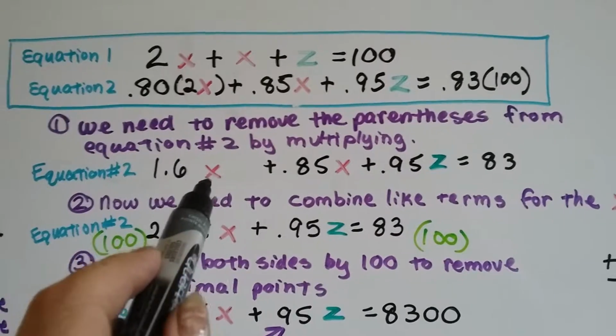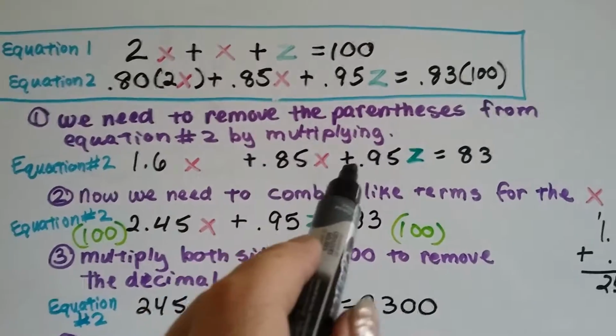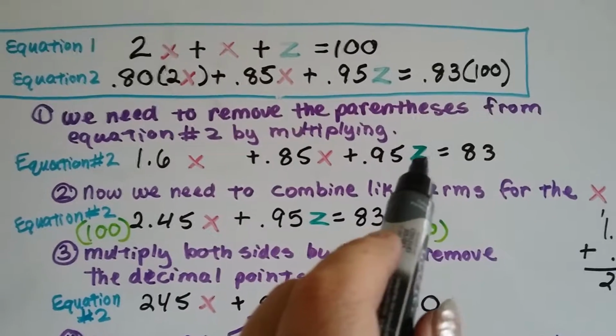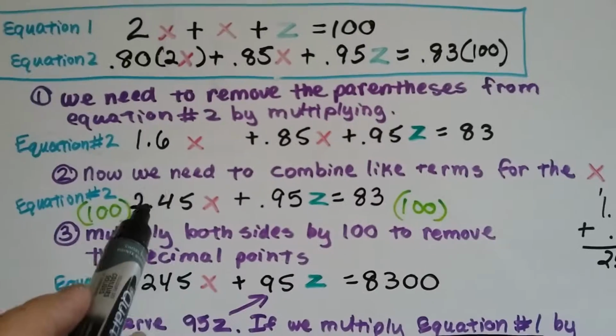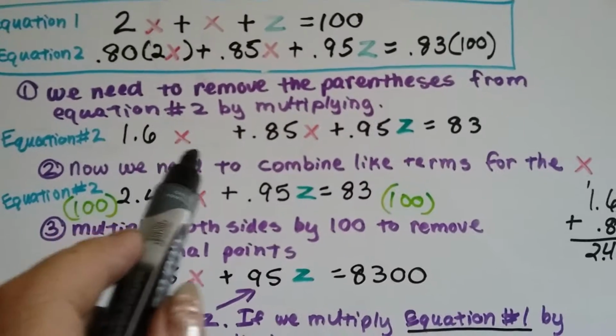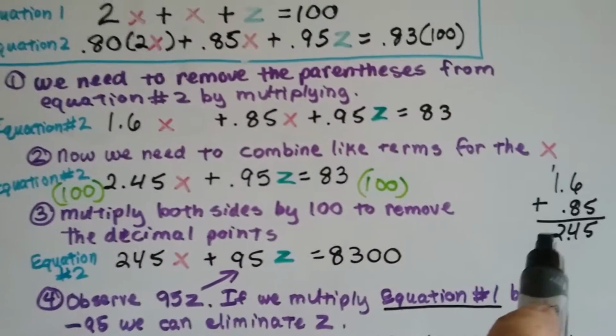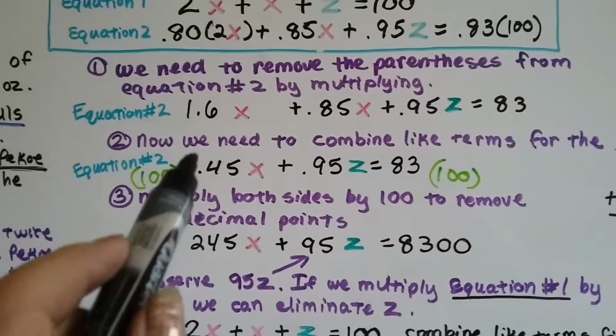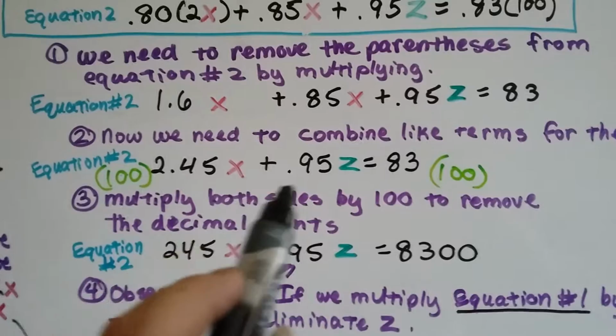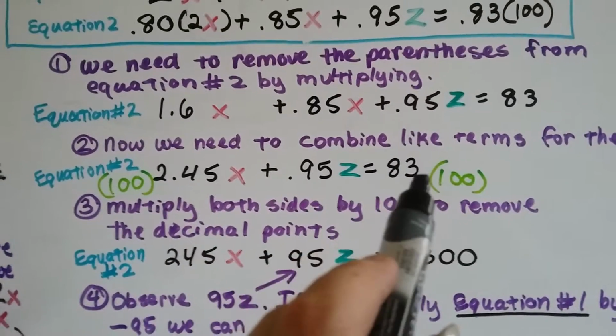So we've got 1.6x plus 0.85x plus 0.95z equals 83. Now we need to combine the like terms for x, don't we? 1.6x plus 0.85x becomes 2.45x. So now we've got 2.45x plus 0.95z equals 83.